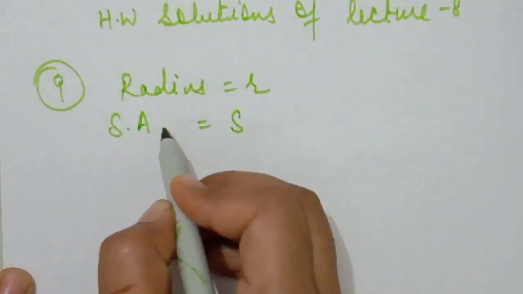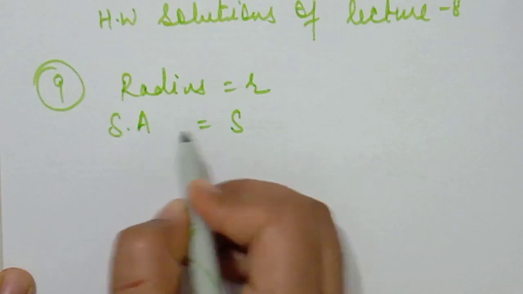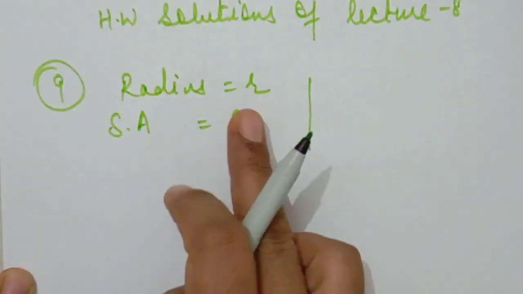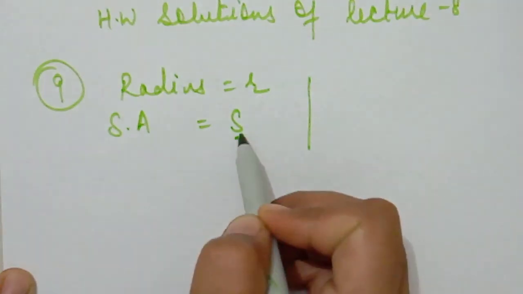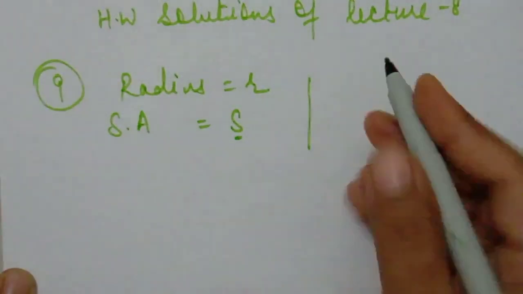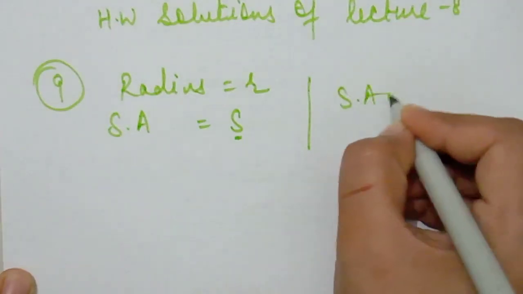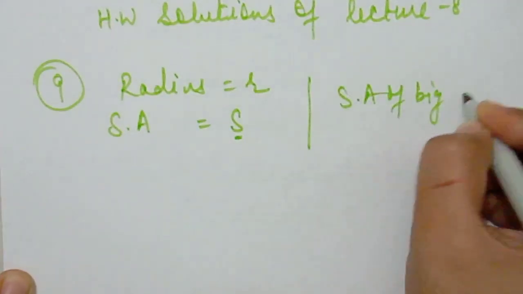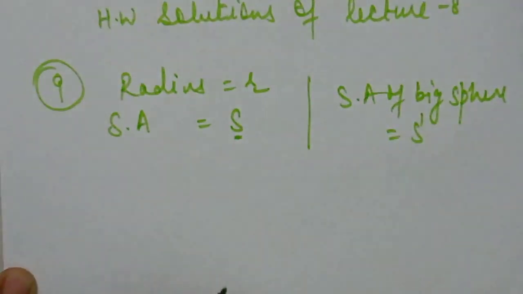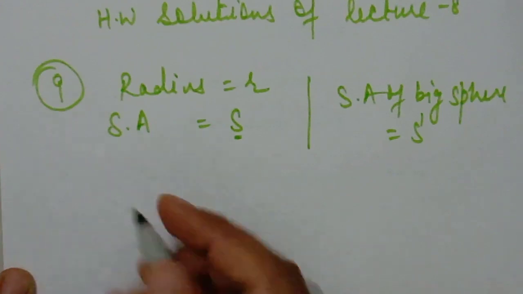It means the surface area of the small sphere is s, and when we melt 27 spheres with radius r and surface area s, we make a big sphere whose surface area is given as s dash. We have to find the radius r dash of the new sphere.